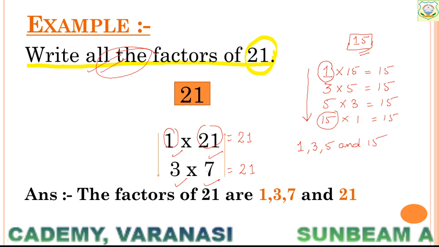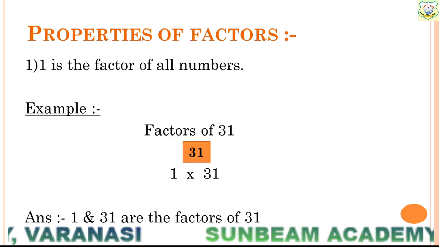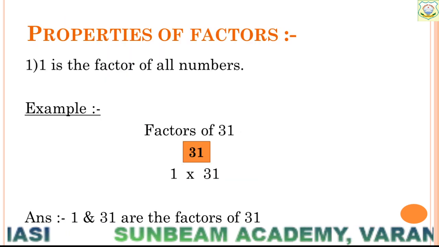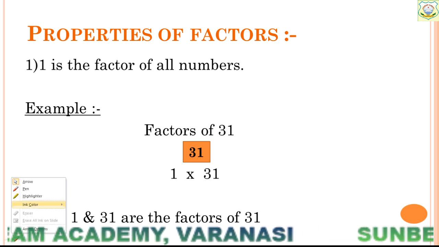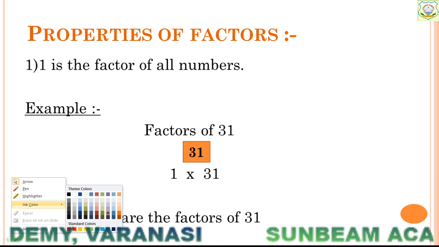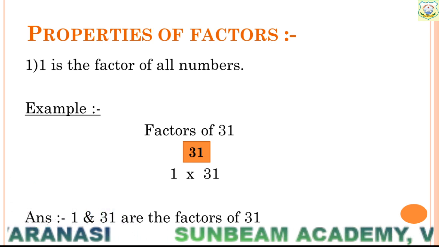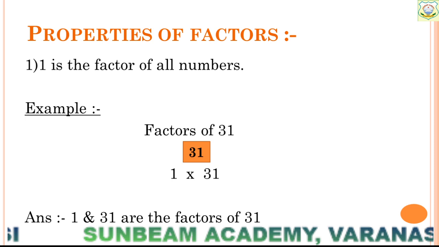So now let's proceed with property number 1. The properties of factors. So the first property is: one is the factor of all numbers.